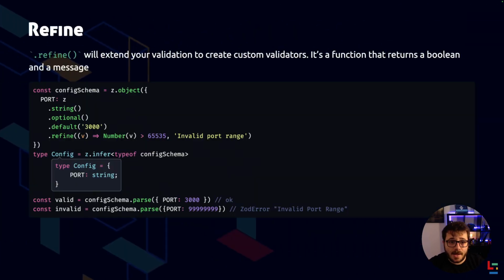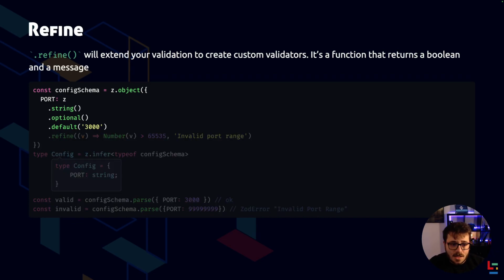And then we have refine. Refine is when you have to extend your validation to create your custom validator. It's a function that just returns a Boolean and a message, right? So let's say that we are defining our schema here. We have a port, but the port has to be in the range of a 16-bit integer, right? So we have to validate if it's above 65,000. If it is, we just throw an invalid port range.